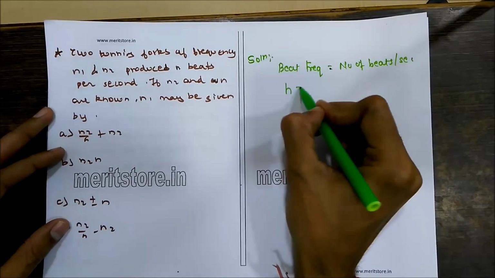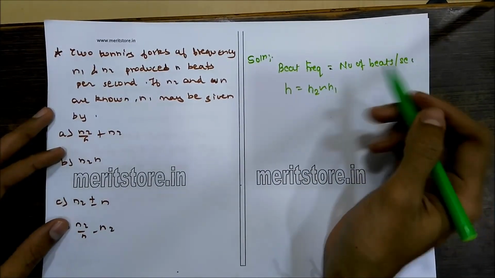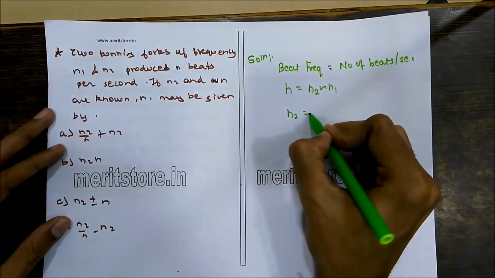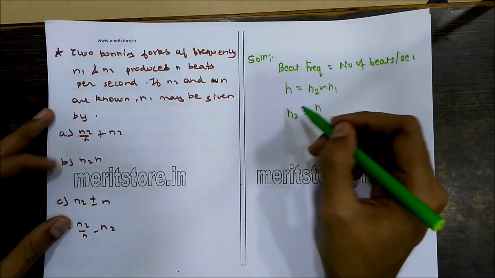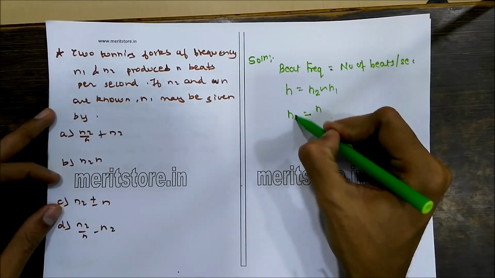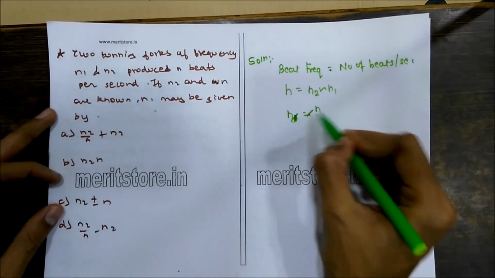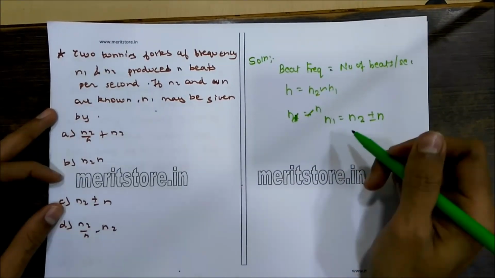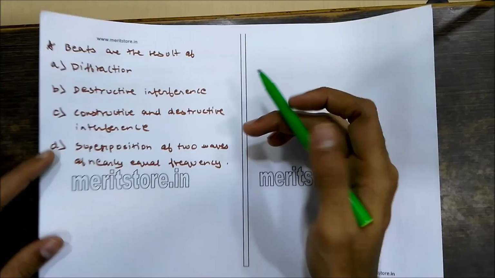So the beat frequency n is equal to n2 minus n1 or n1 minus n2. So we need to find n1 in terms of n2 and n. So n1 may be given as n2 plus or minus n. So that is option C, n2 plus or minus n.